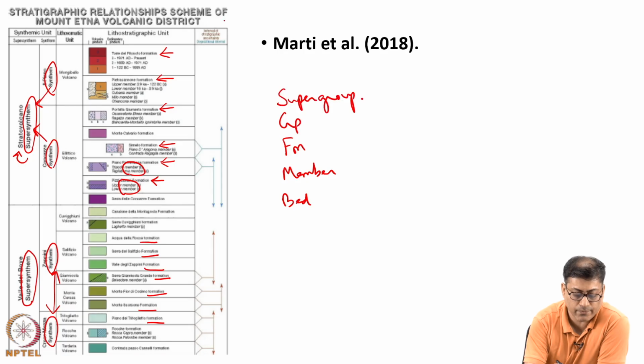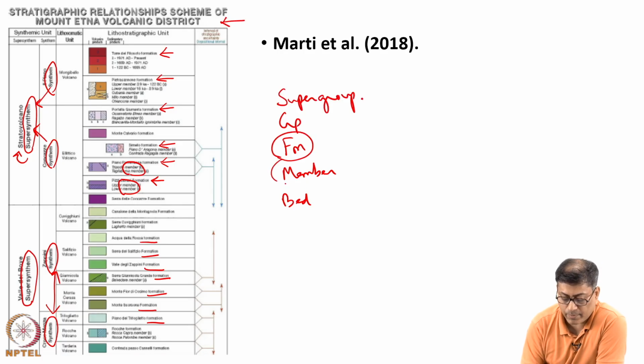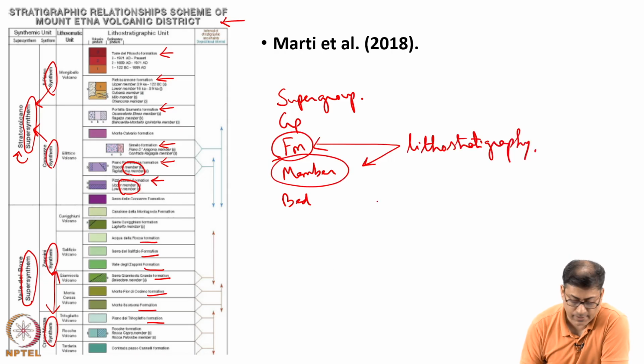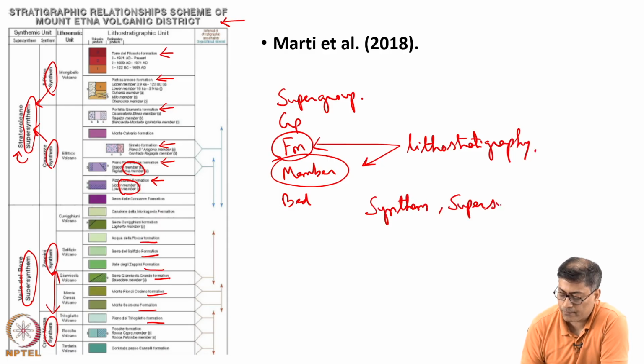In this case of Mount Etna district, formation and member, these two terms have been picked up from lithostratigraphy. And the terms synthem and super synthem have been picked up from volcanic stratigraphy.